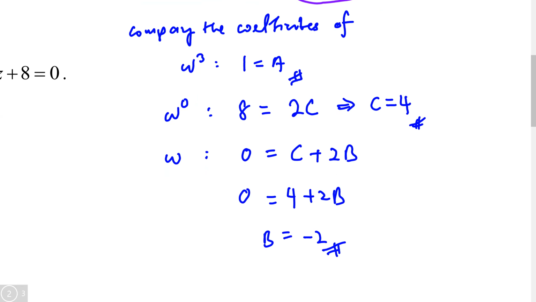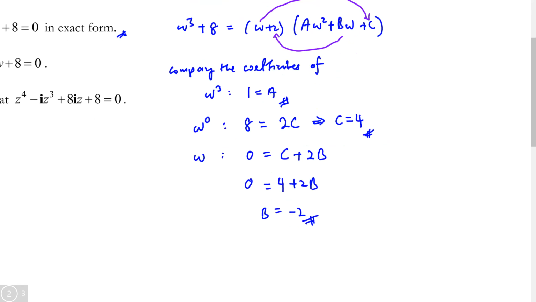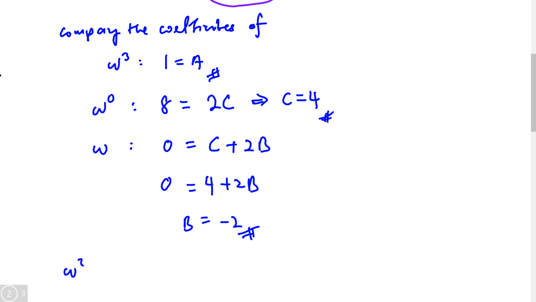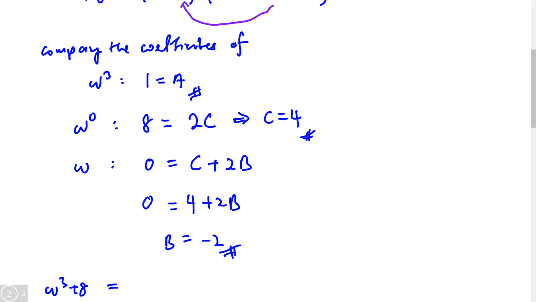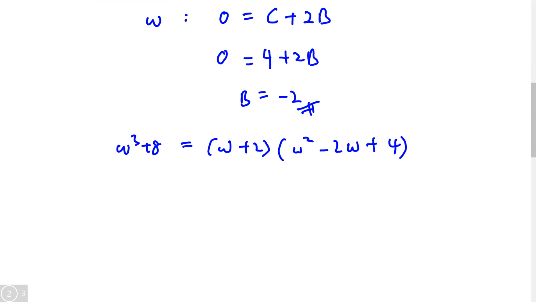So after expanding, you are able to factorize w cubed plus 8 equals w plus 2, w squared minus 2w plus 4. And you'd be getting the other roots from here.